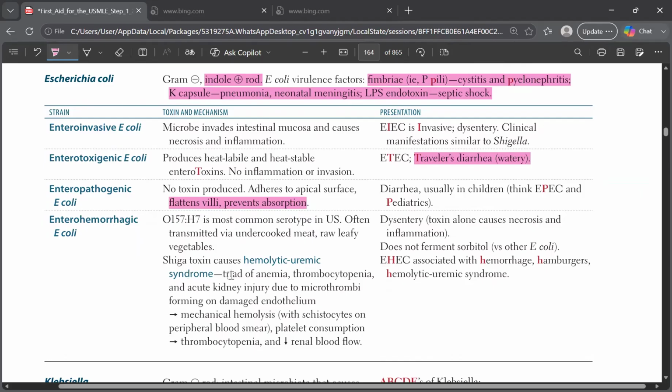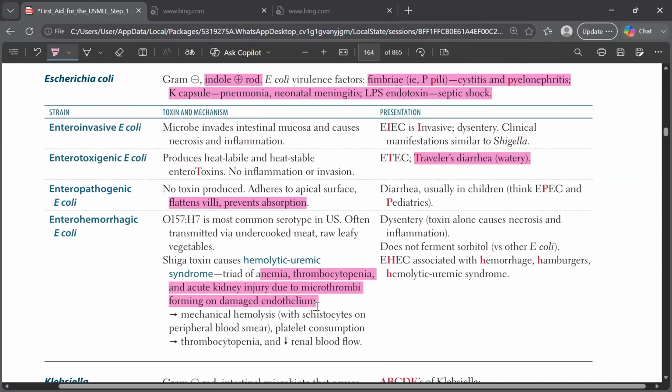Shiga toxin causes hemolytic uremic syndrome, which is a triad of anemia, thrombocytopenia, and acute kidney injury due to microthrombi forming on damaged endothelium. This can cause mechanical hemolysis with schistocytes on peripheral blood smear and platelet consumption. It can also lead to thrombocytopenia and decreased renal blood flow. This causes dysentery.